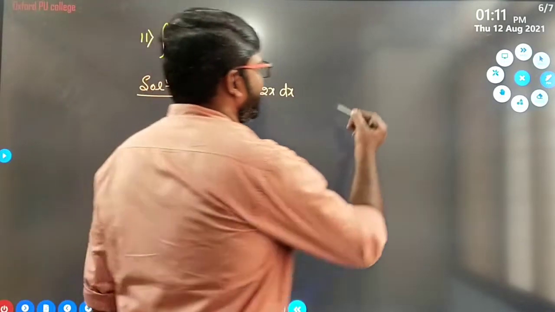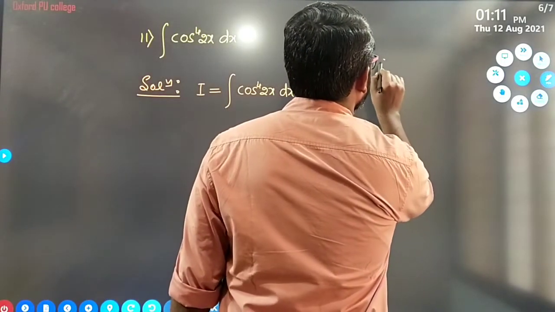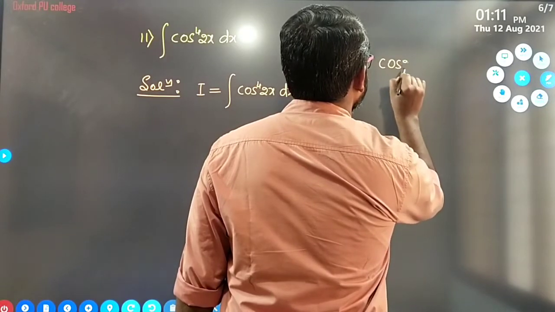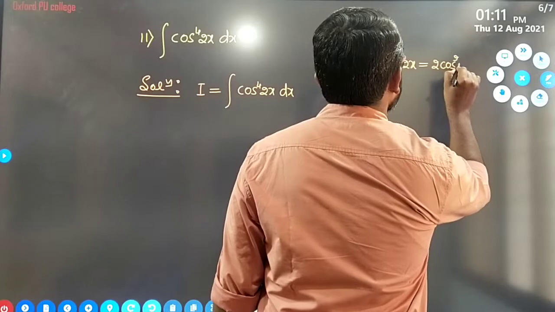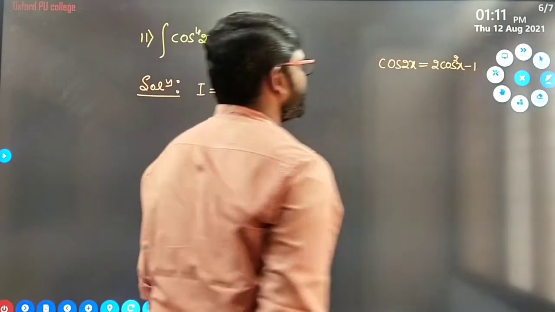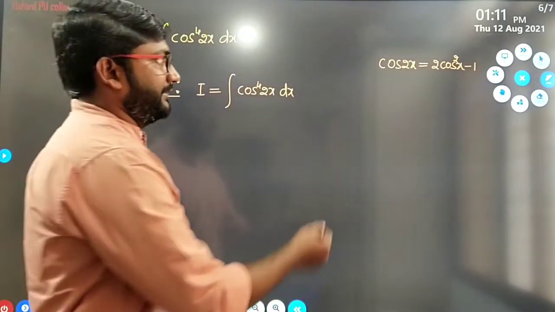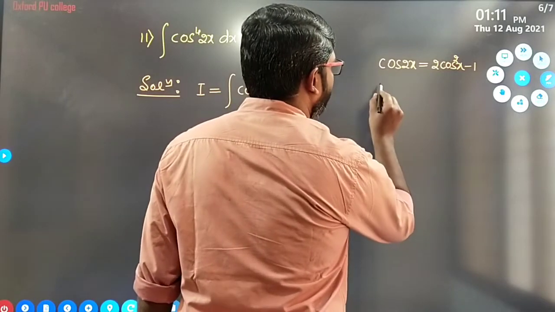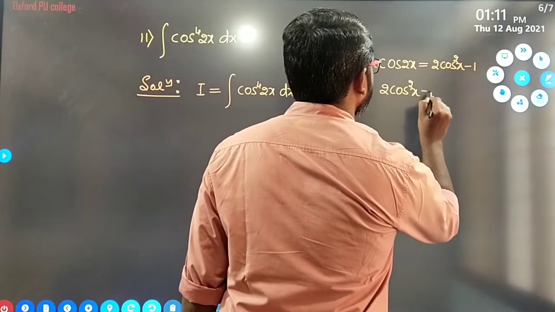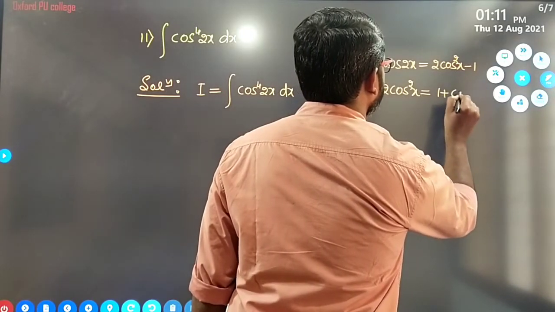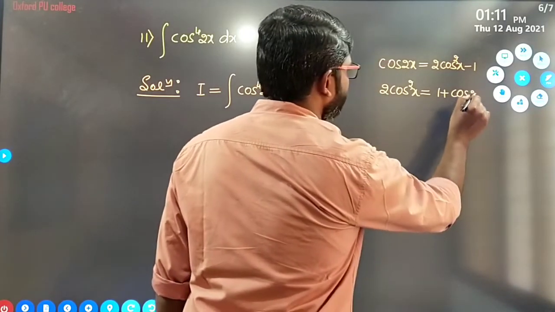Here again we have the formula cos 2x is equal to 2 cos square x minus 1. Then from this what we get, 2 cos square x is equal to 1 plus cos 2x.